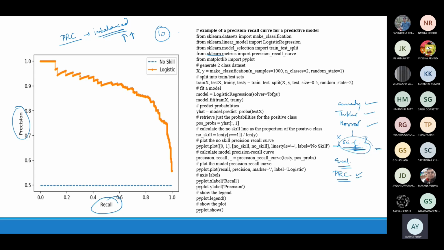You can directly use your classifier and get the predictions of your model, feed those predictions into the precision recall curve library provided by sklearn, and get the different precision recall curves. The same thing goes for the ROC curves: you can directly use the sklearn library to get the different ROC curves for your model.